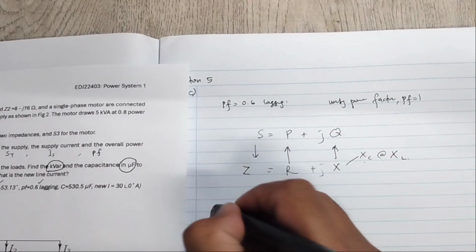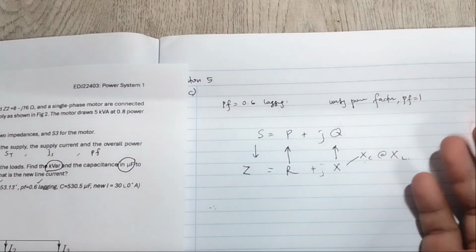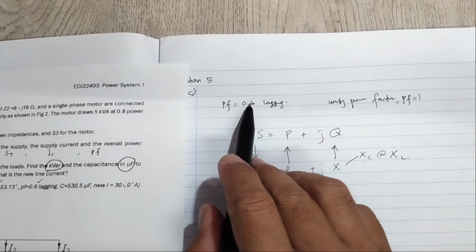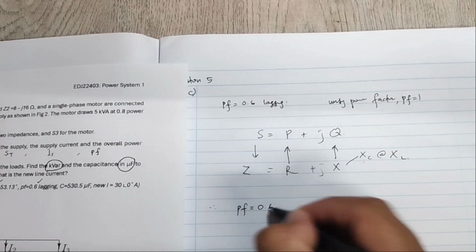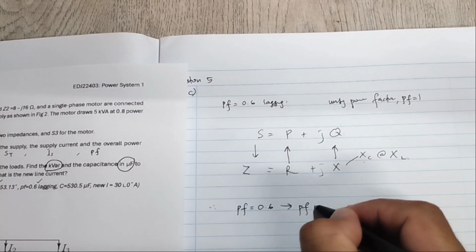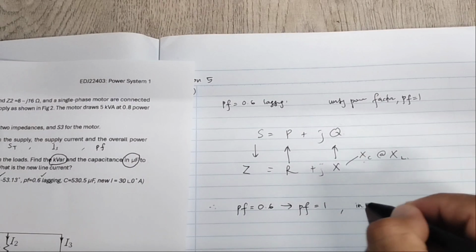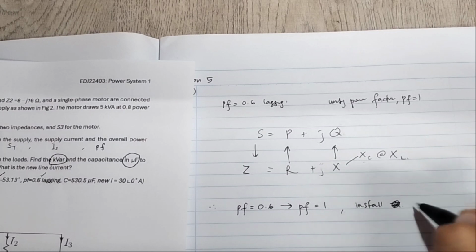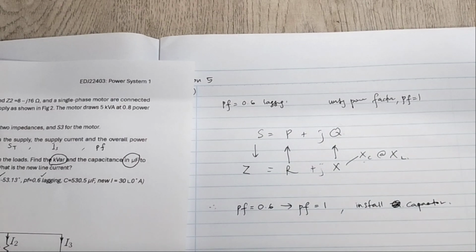Means that here, bila kita dah improve, Q ni akan berubah. Okay. Bila kita improve from power factor 0.6 become power factor 1, install kapasitor, Q akan lagi baik lah.